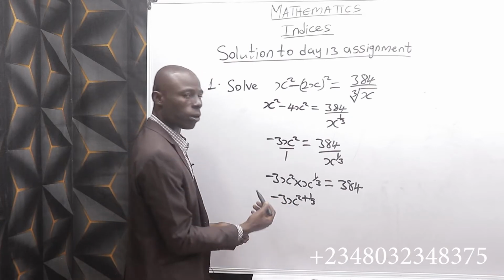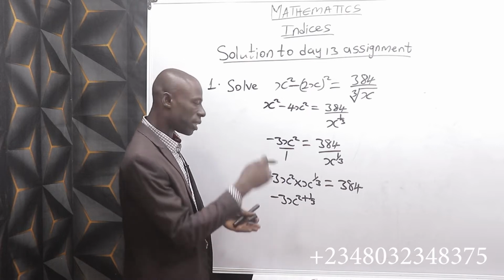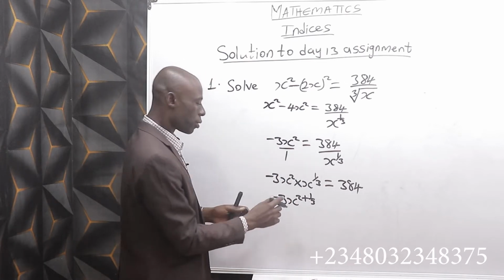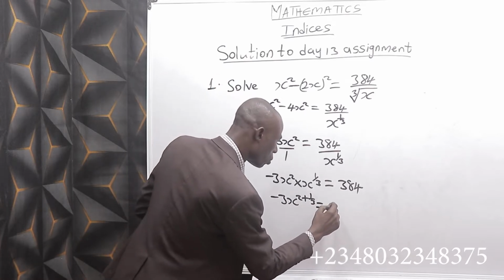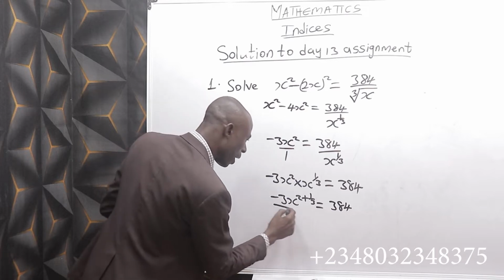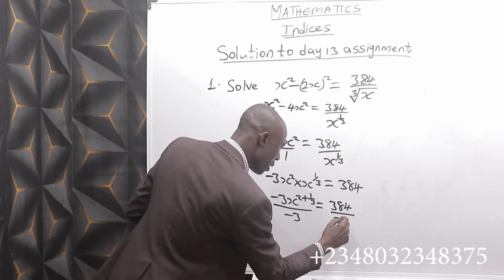We pick one of them and we change multiplication to addition in the exponential region to operate the power 2 and power 1 over 3 together, which is equal to 384. So we divide this side by minus 3. We divide this by minus 3.